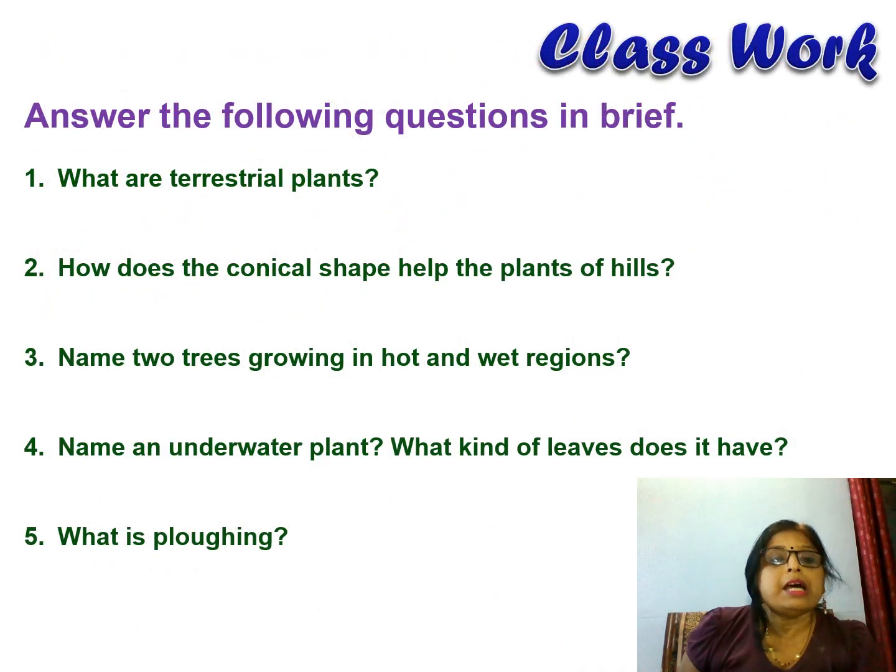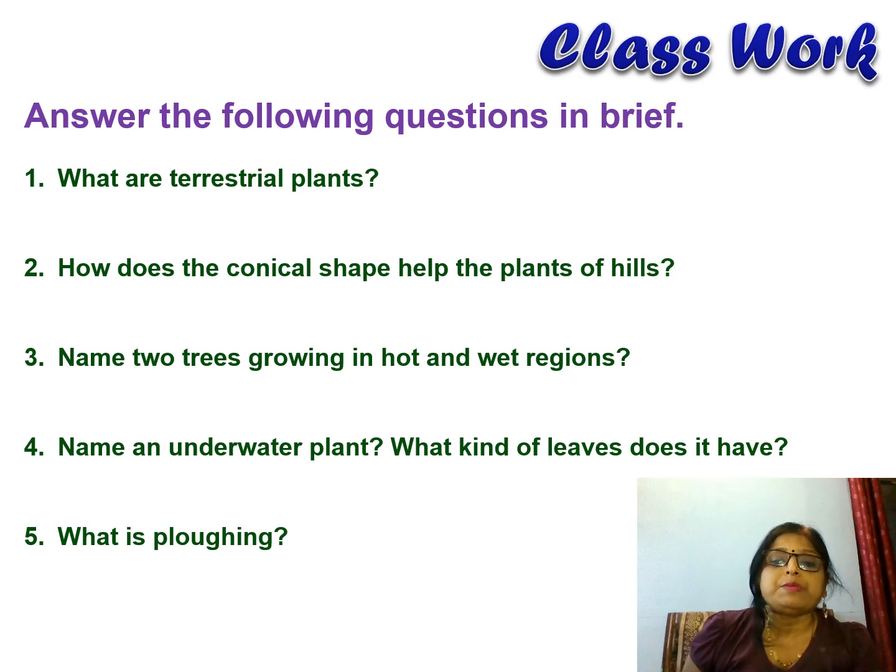Now there are question answers. You have to write the following questions in brief. Your questions are: what are terrestrial plants? Second one, how does the conical shape of the plants of hills help the plants of hills? Now, name two trees growing in hot and wet regions. Name an underwater plant.